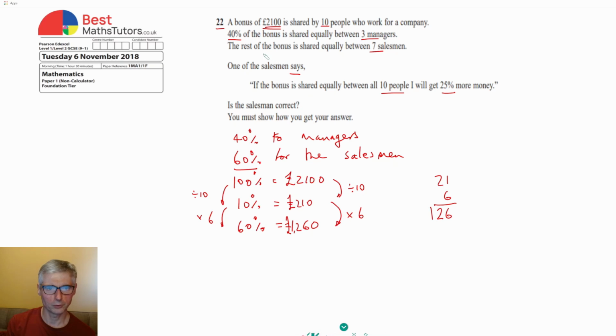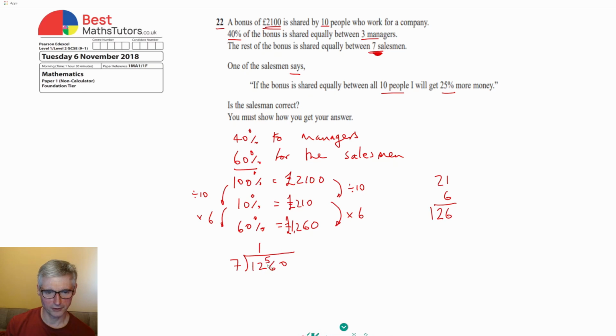Now we're dividing it between 7 salesmen. So this is the money that the salesmen would get in total, but we're going to divide that by 7. We're going to use the bus stop method for this, often called the bus stop method because it looks like a bus stop apparently. 7 doesn't go into 1, so 7 goes into 12 once, but the remainder would be 5.